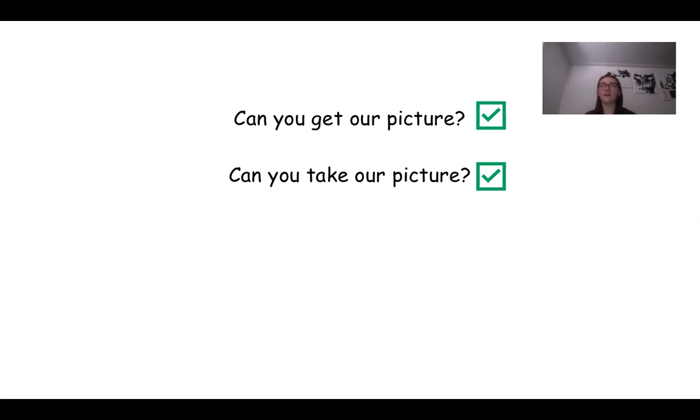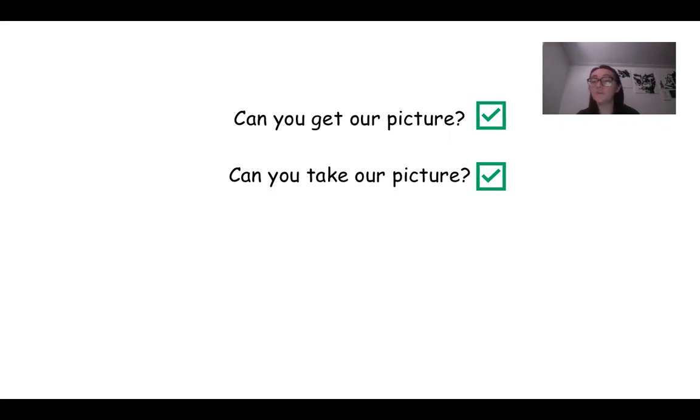So like you're on your vacation and you want to have a picture with your family. So you stop somebody and you say, can you take our picture? Or you say, can you get our picture?